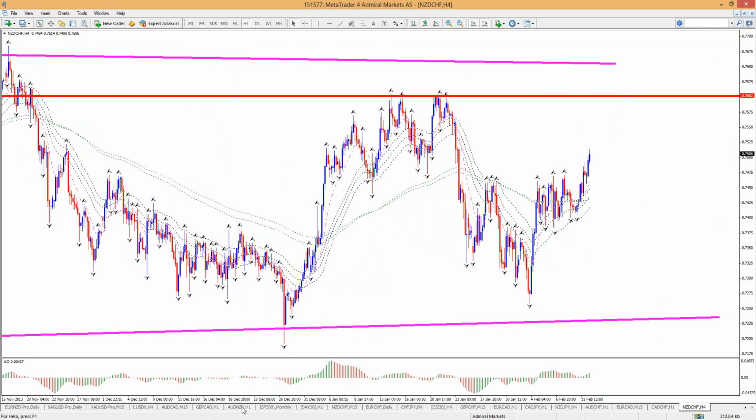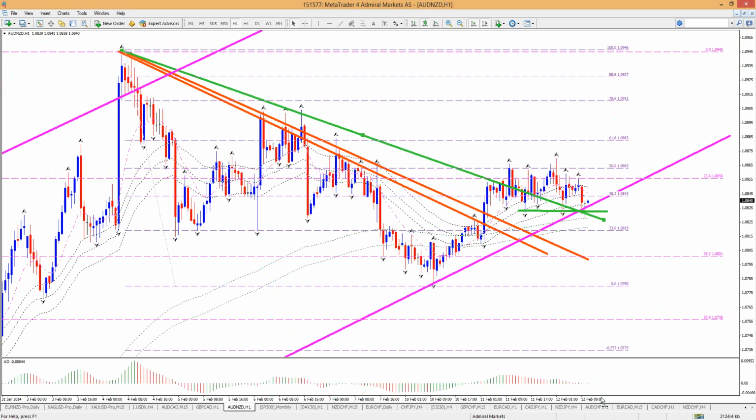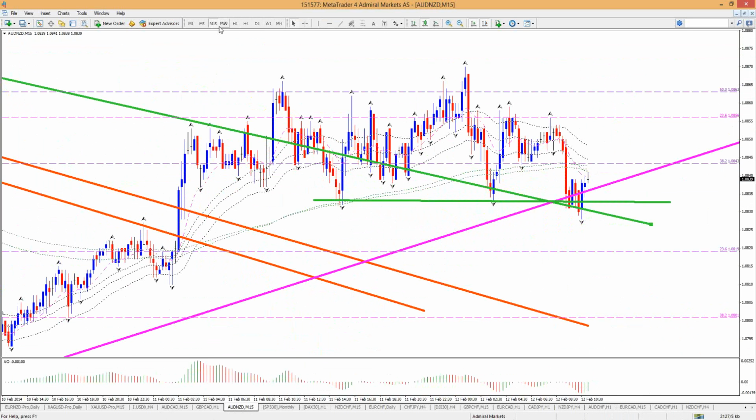Last look at the Aussie New Zealand, what's happening here. Aussie New Zealand didn't break the magenta line as yet with a good close of the hourly. The hourly is a doji and no close underneath that level. So the break is turning into a bit of a false break here, and it's probably better to wait for those who haven't entered yet in that reversal trade.